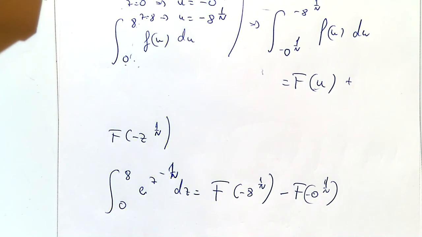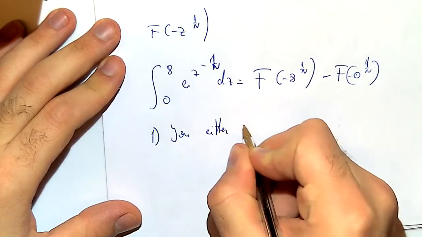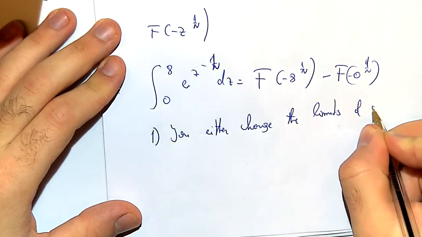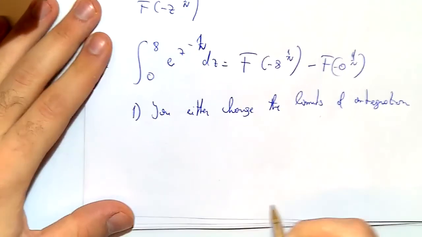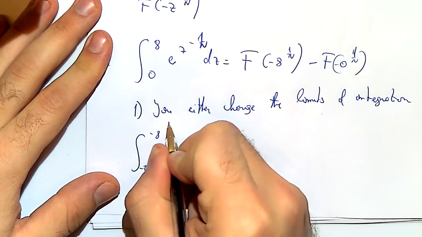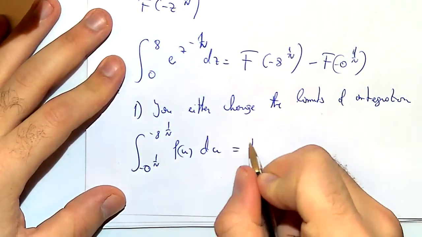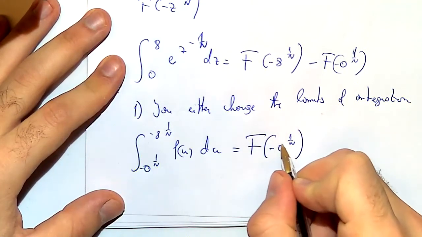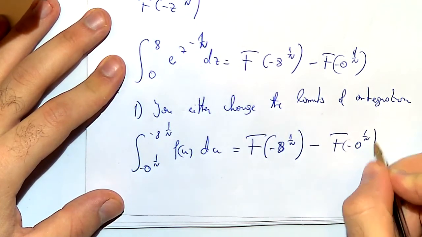So the way to address this is, first, you either change the limits of integration and then you get, let's just do this example, the integral from minus 0 to the 1 over n to minus 8 to the 1 over n of f of u du is equal to big F of minus 8 to the 1 over n, minus F of minus 0 to the 1 over n.